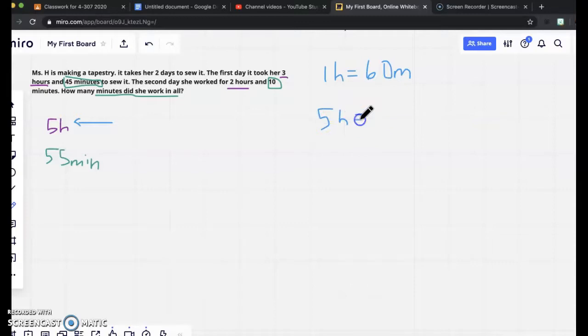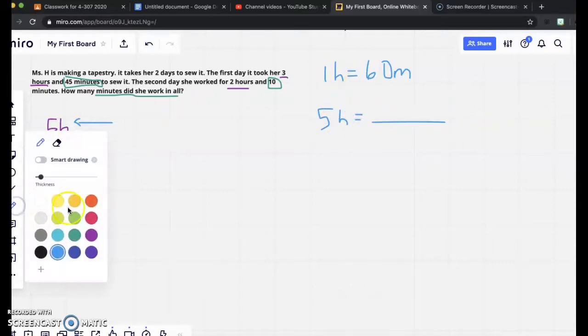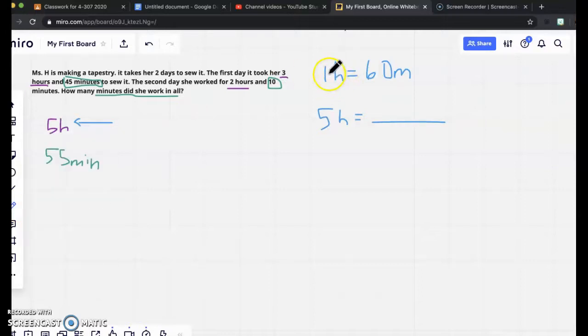But we don't know how many minutes that makes. Quick and easy, we're going to do 1 times what makes 5? 5. 5 seems to be our favorite number today. 1 times 5 makes 5. What you do on this side of the equal sign, you do on this one. So times 5. 5 times 0 is 0. 5 times 6 is 30.